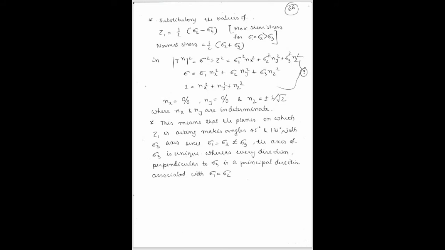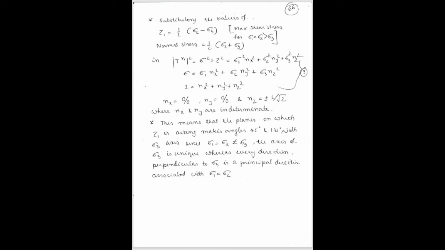Substituting for tau 1 and normal stress half of (sigma 2 plus sigma 3) in expression number 3, like the previous one, you will get nx 0 by 0, ny 0 by 0, nz equal to plus minus 1 by root over 2. The first two direction cosines, nx and ny, are indeterminate. That means the value cannot be determined.